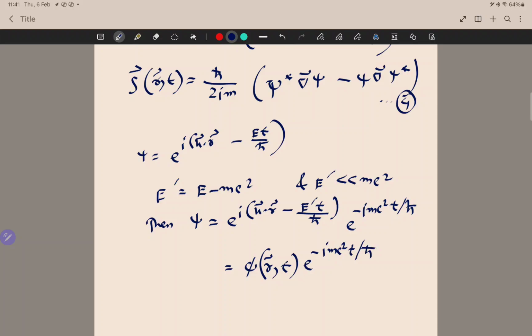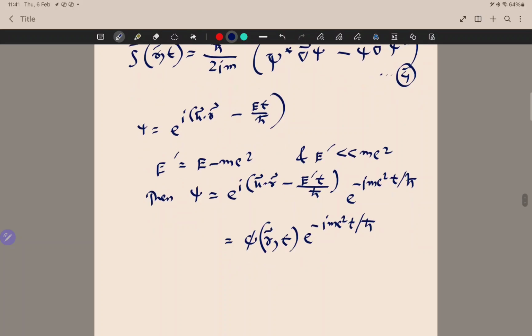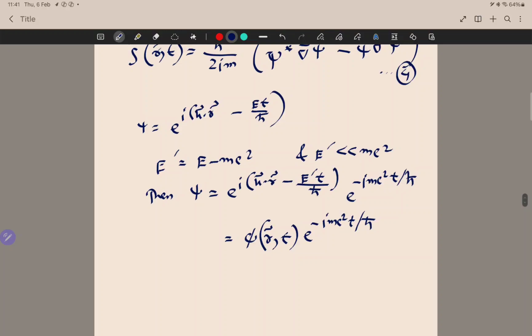Then the time derivative on φ will pull out E prime, which, being much smaller than mc square, can be neglected in comparison with the time derivative of e to the power minus i mc square t by ħ. Then the expression for ρ is mod φ square as in non-relativistic quantum mechanics.